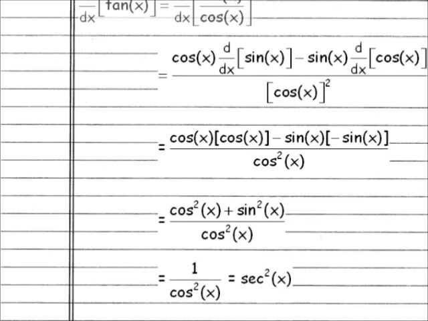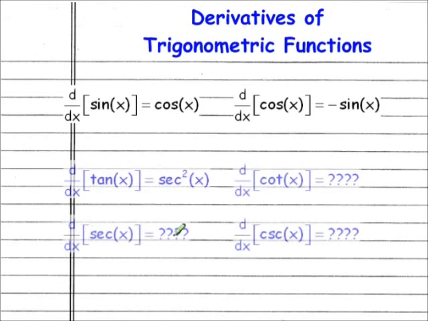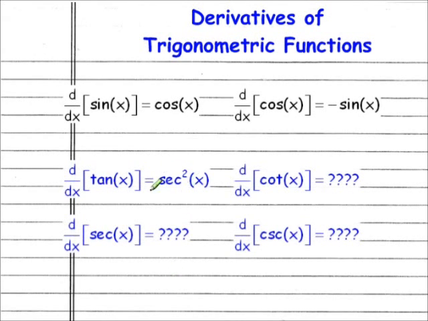And of course, this is the result we're really looking for, the derivative of the tangent. So let's go in and reset our forms here. We know now that the derivative of the tangent of x is secant squared x, and that's an important result.